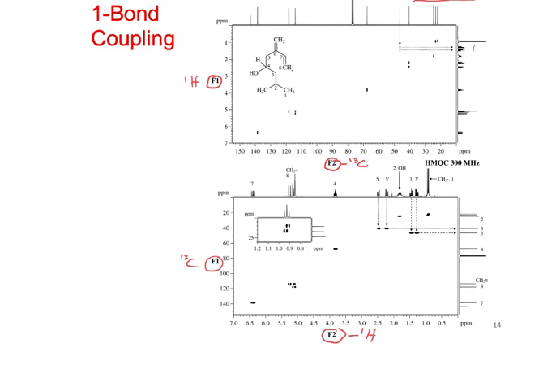For example, this proton, H4, is attached to this carbon. So that means that's C4. All right? And so you can just walk through and show which ones are attached to which.